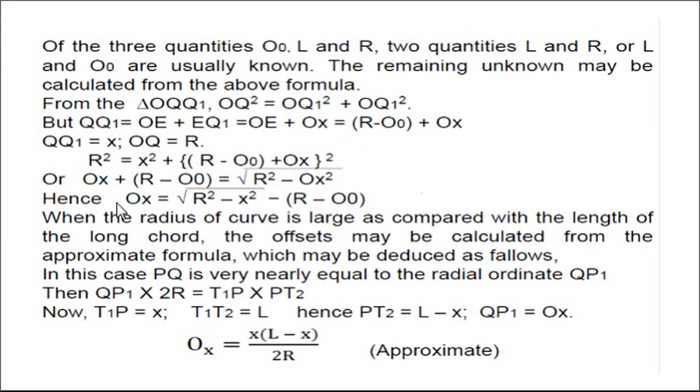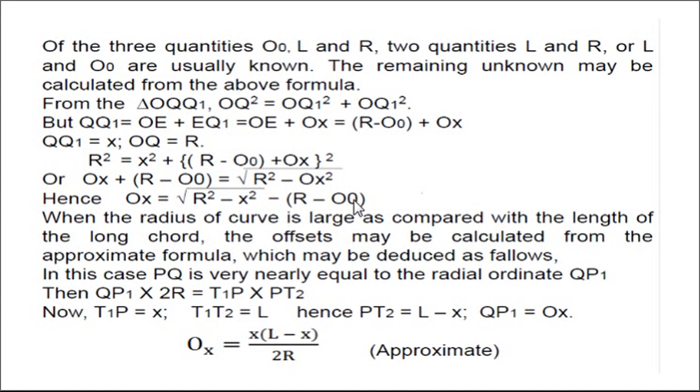or we can write OX plus (R minus O0) is equal to square root of R square minus X square, and hence finally we will get the equation OX is equal to square root of R square minus X square minus (R minus O0).